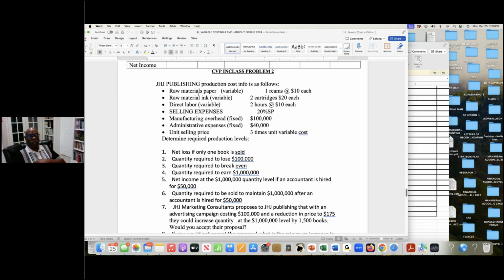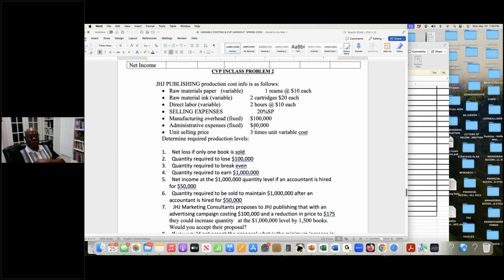So it says the raw materials paper, 1 ream at 10, raw materials ink, 2 cartridges at 20, direct labor, 2 hours at 10. My selling expenses are 20% of the selling price. The manufacturing overhead is 100,000, and the administrative expenses are 40,000.